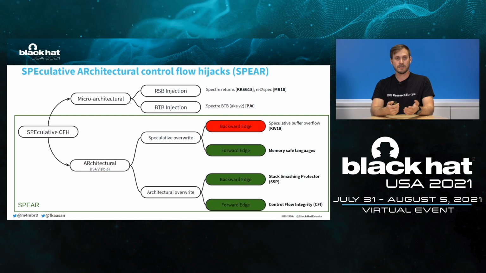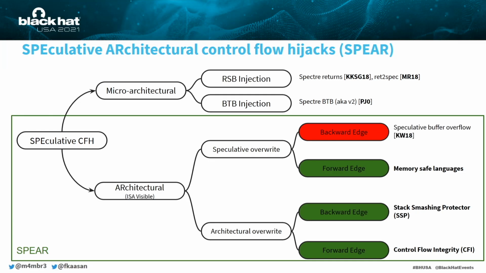The first case, the speculative overwrite of a backward edge, was actually already considered by Kiriansky in the speculative buffer overflow. However, the other three cases, nobody has ever looked at them, and we did it in our work. So we tried to find use cases for these three other overrides. What we did was start to look at memory corruption mitigations.